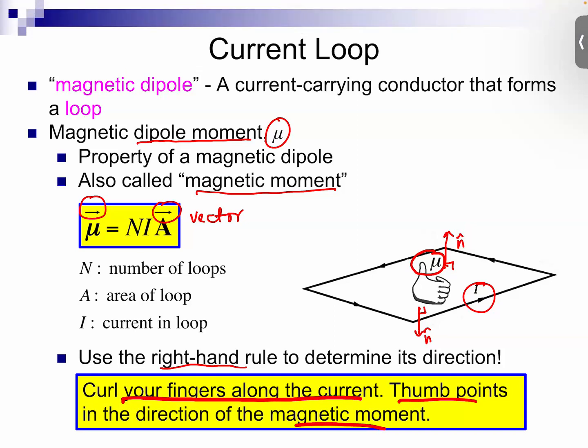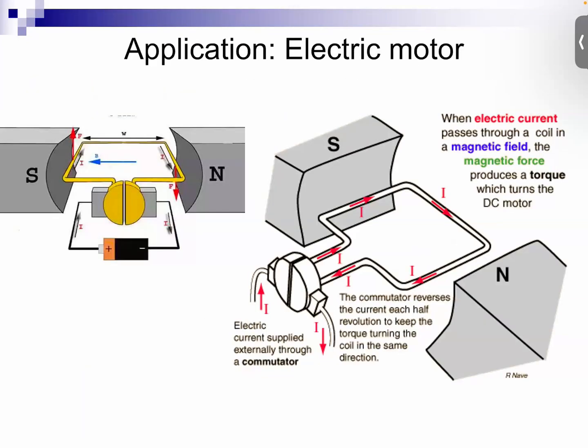So we just defined what magnetic moment is. Going back to where it all started, if you have a magnetic dipole, essentially a closed wire loop that carries a current I, and you immerse that in a magnetic field region, then your wire loop will rotate, and that's essentially how an electric motor works.